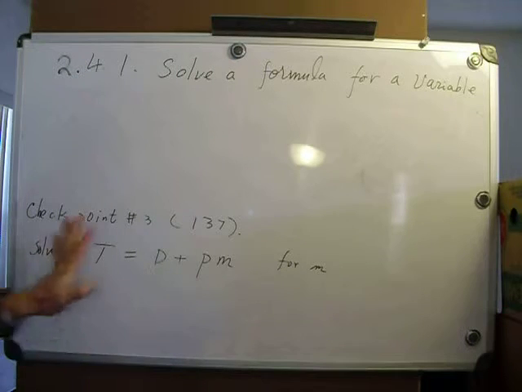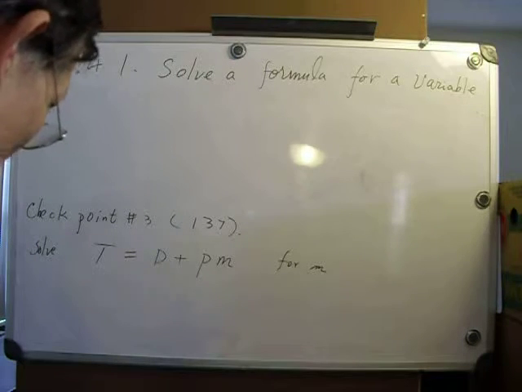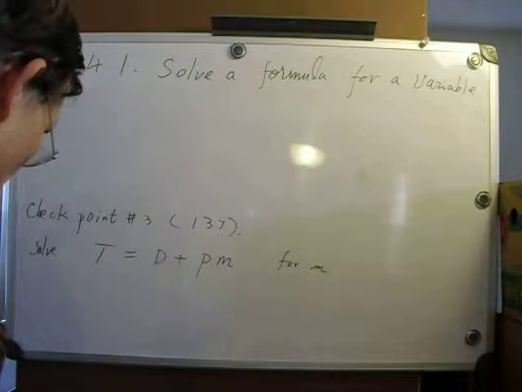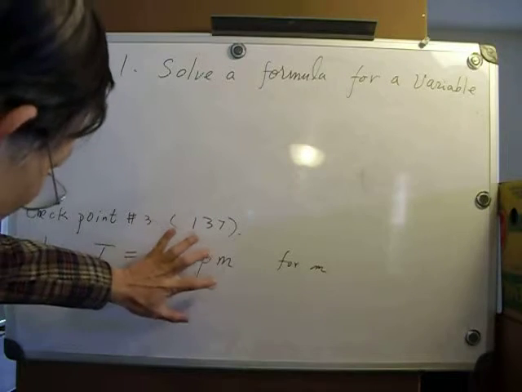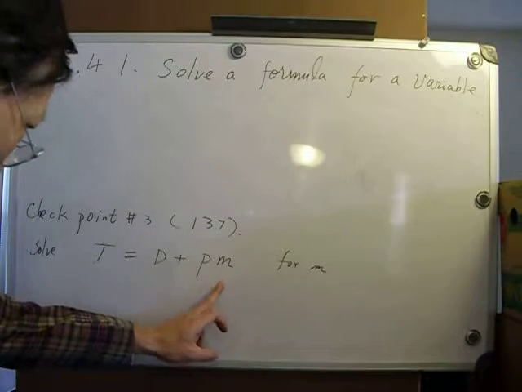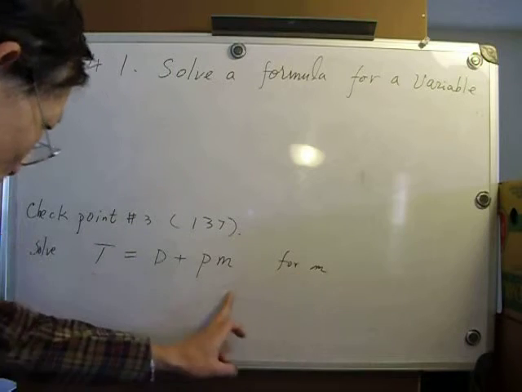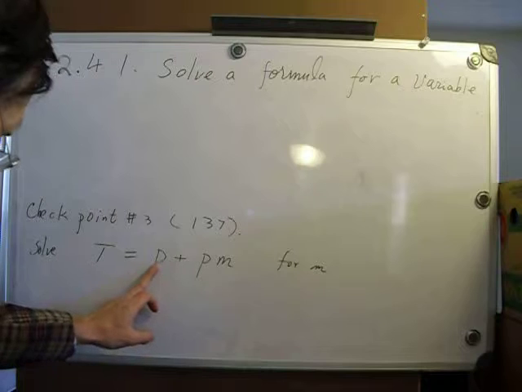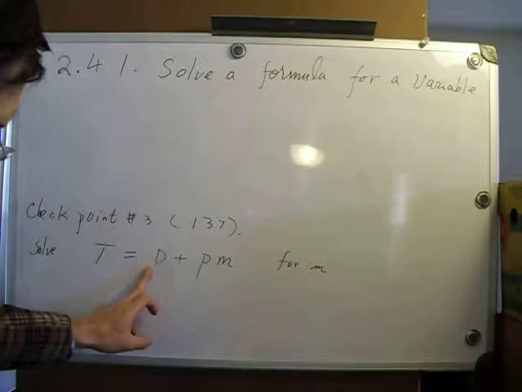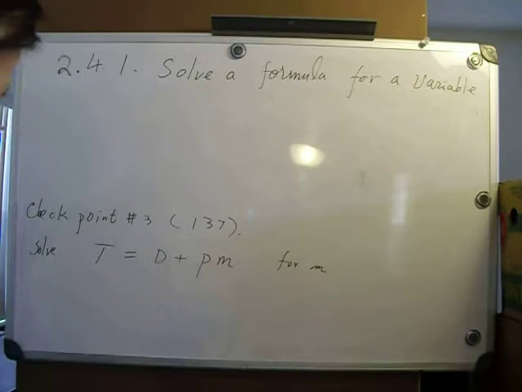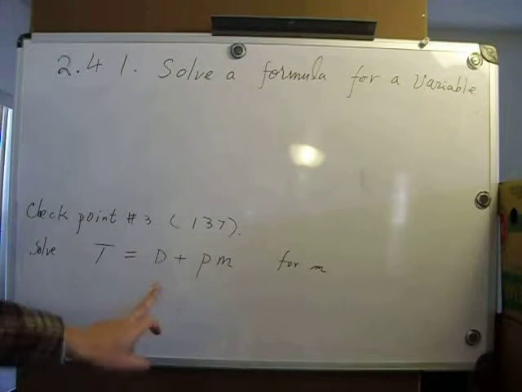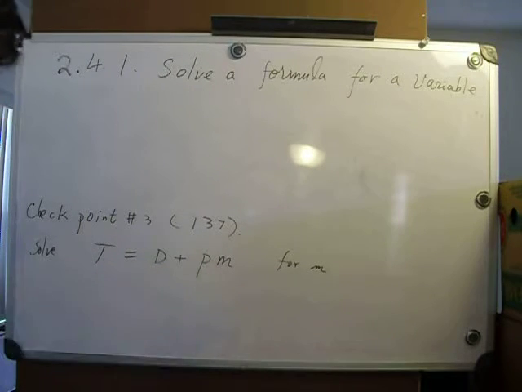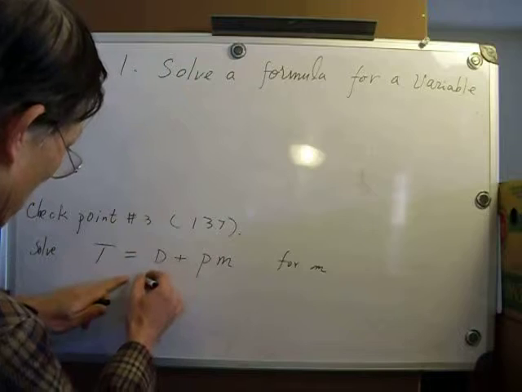The rule to solve the problem is still exactly the same. We want to undo, we want to isolate everything on the other side, leaving only a single variable. But follow the order: always undo the addition or subtraction first before you handle the p. This one is difficult, so you don't deal with p first. You deal with this d.